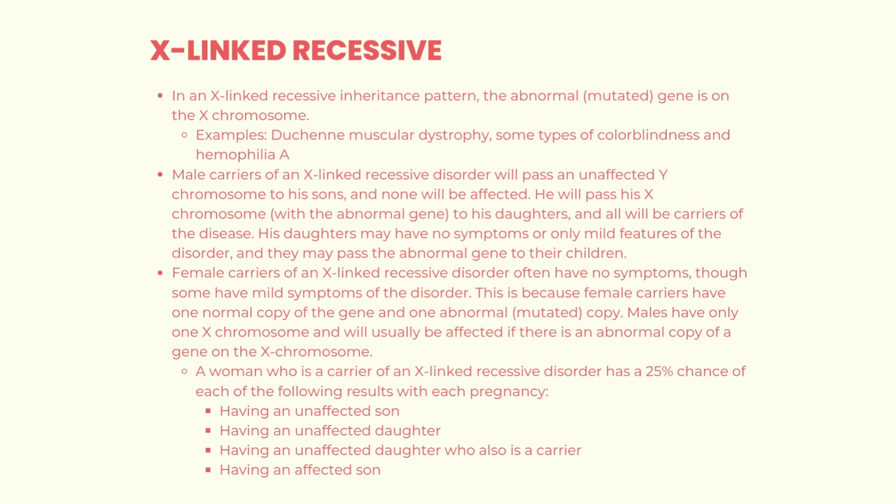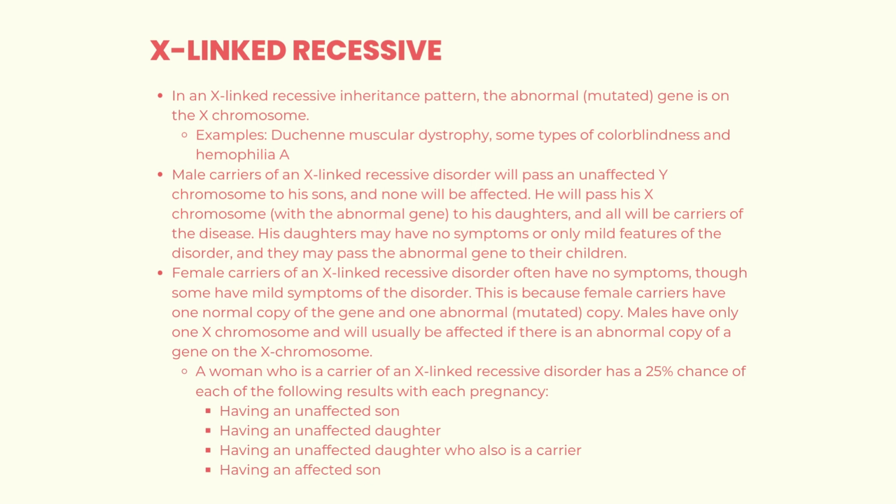But if he had a daughter, then he would pass an X chromosome with that abnormal gene to the daughter, and she would be a carrier of the disease as well. And then potentially that child, who is now a carrier of the X-linked recessive, could pass along the X-linked disorder to her offspring.